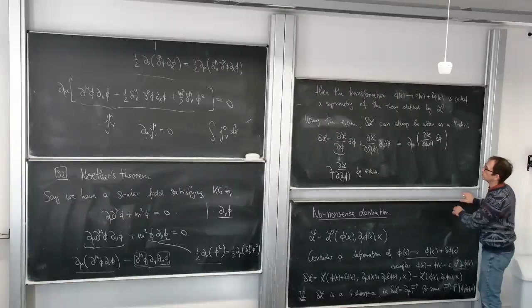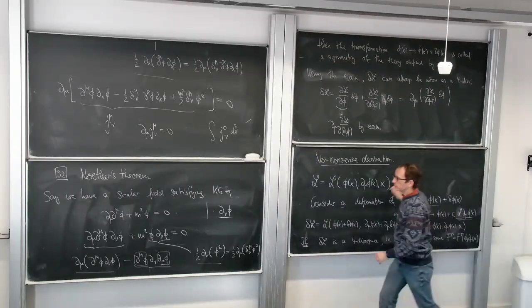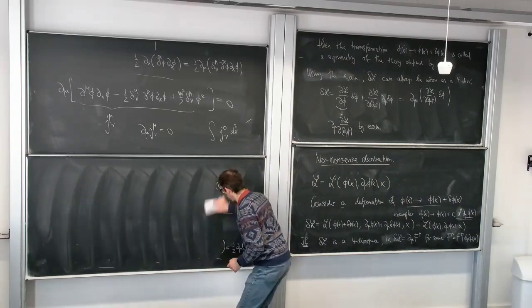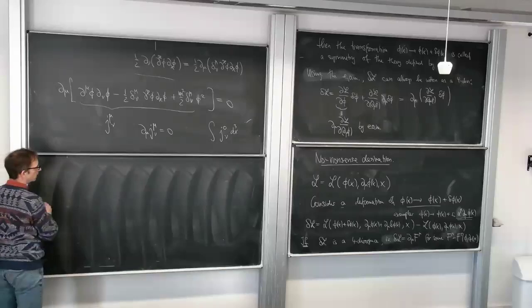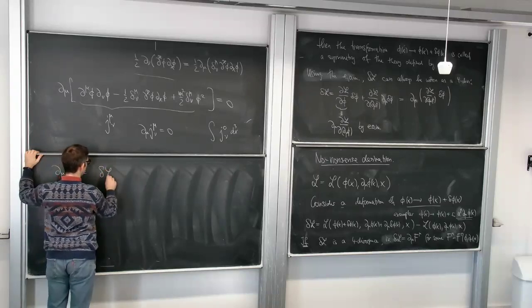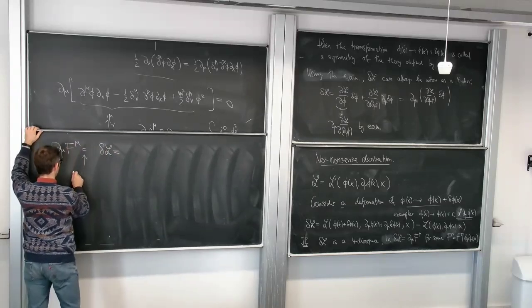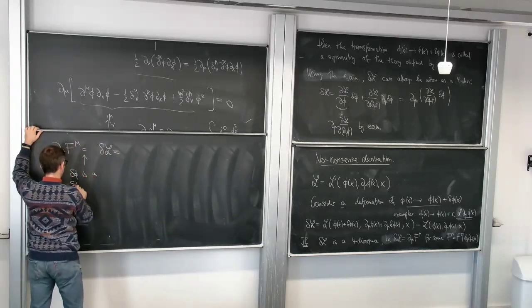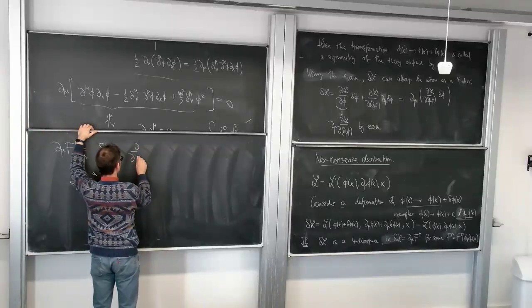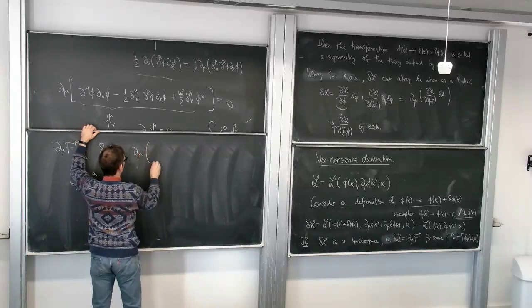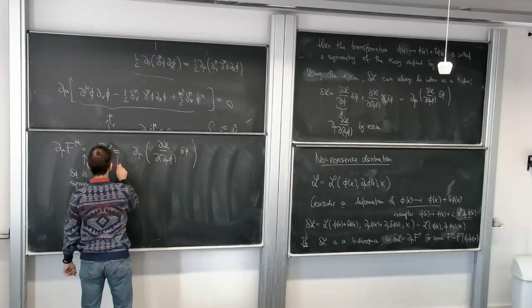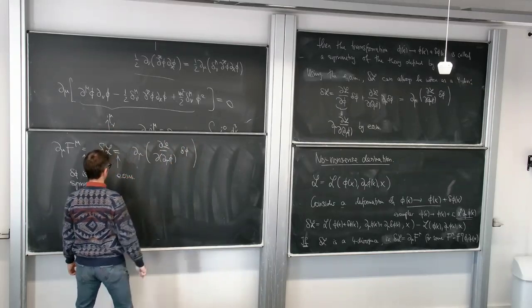And now we can put both equations together. d mu f mu is your delta L, and here delta phi is a symmetry, not using the equation of motion, and here I write d mu of dL by d mu phi delta phi, and here equations of motion.